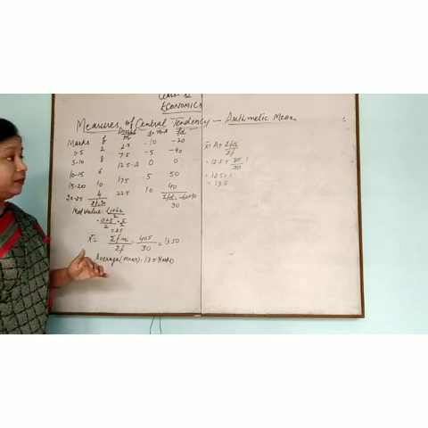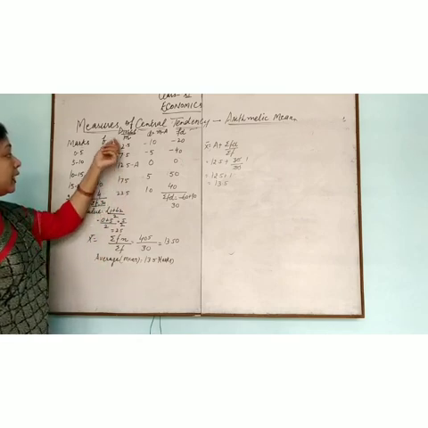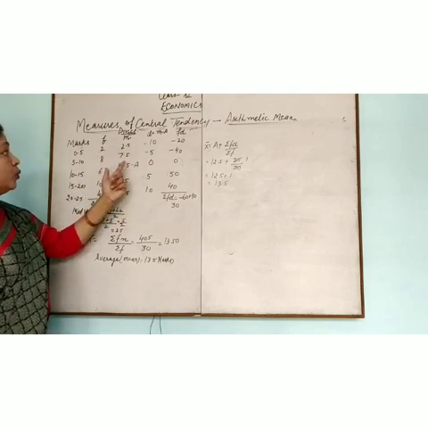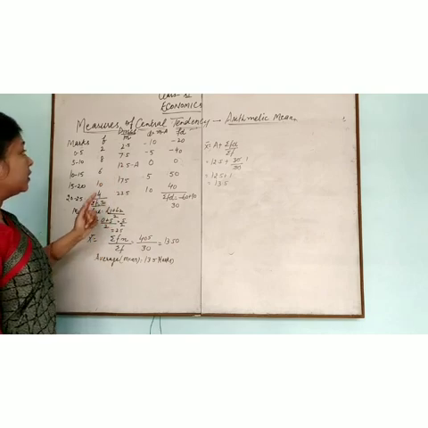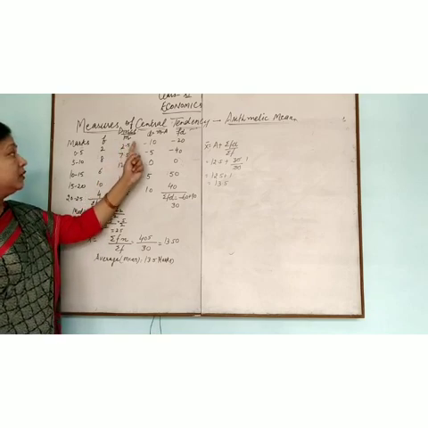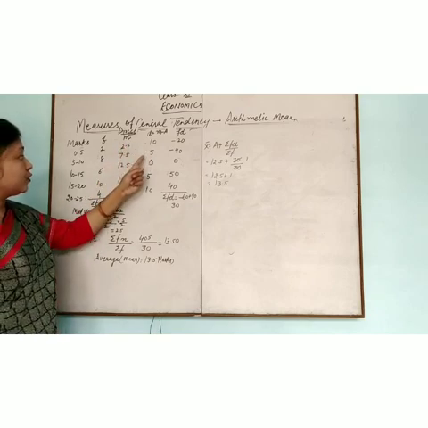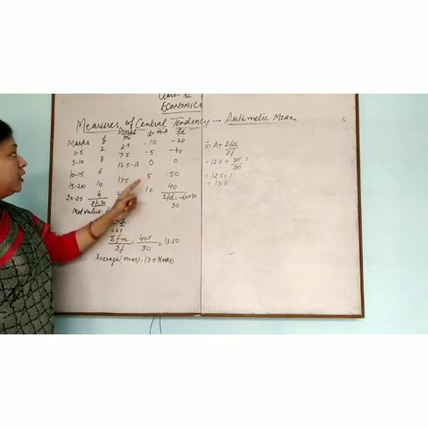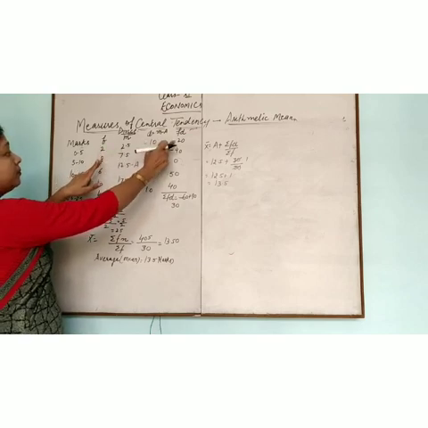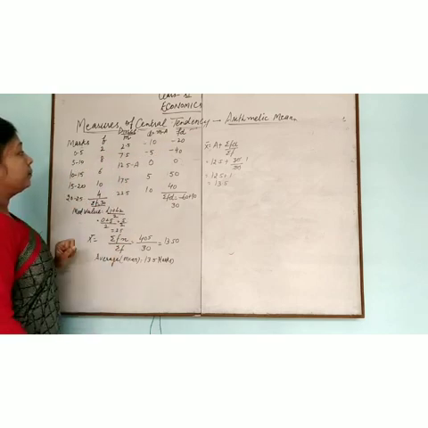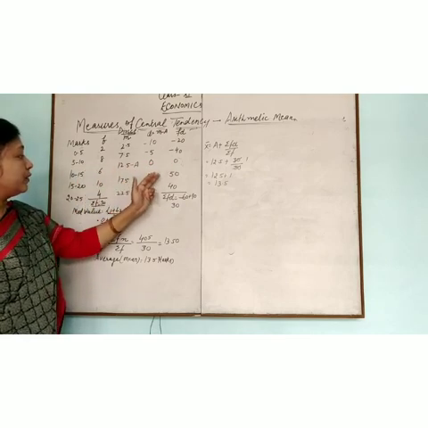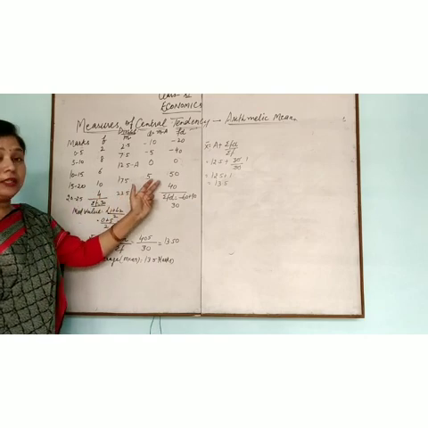After calculating the mid value, we will assume any value from the mid value. We will take 12.5. So whenever we take 12.5, the next value is m minus a. 2.5 minus 12.5 is equal to minus 10, then minus 5, 0, 5 and 10. We will multiply both the values f and d. 2 into minus 10 is minus 20, 8 into minus 5 is minus 40, 6 multiplied by 0 is 0, 10 into 5 is 50, 4 into 10 is 40.